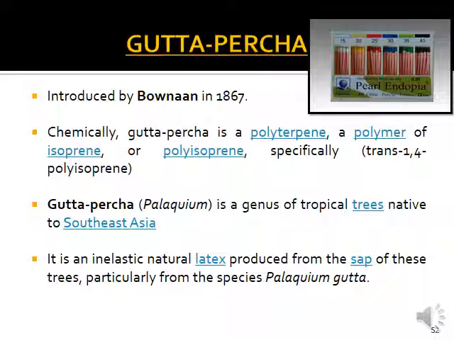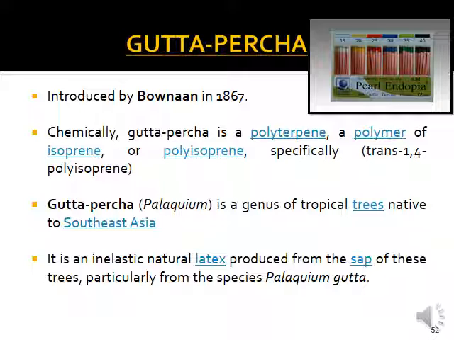Gutta percha, by Bauman in 1867, is chemically a polyterpene, a polymer of isoprene or polyisoprene, specifically trans-1,4-polyisoprene. Palaquium is a genus of tropical trees native to Southeast Asia.